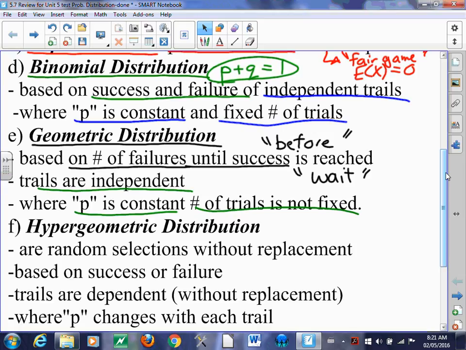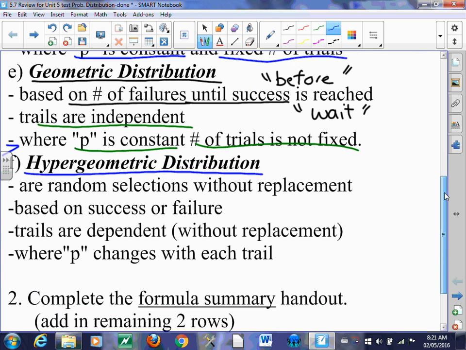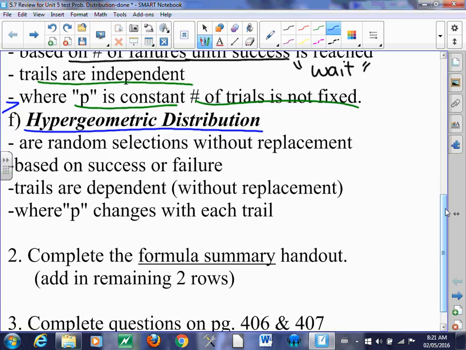Then we had a mid-chapter review, and hopefully we learned the difference between binomial and geometric. And the last one, which I believe was in 2-part videos, I apologize, technical difficulty there, was the hypergeometric. The hypergeometric is where you have random selections without replacement. So that means that P changes as we go with each trial, so trials are dependent.